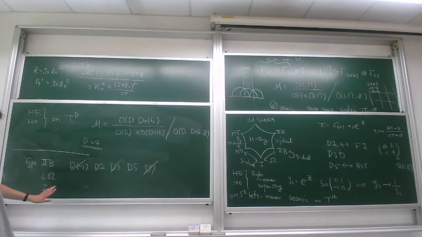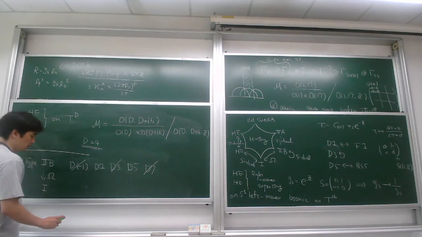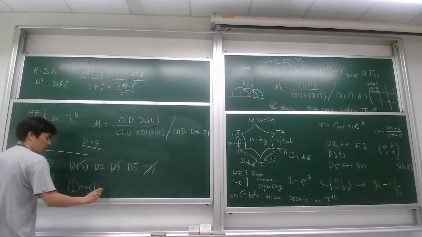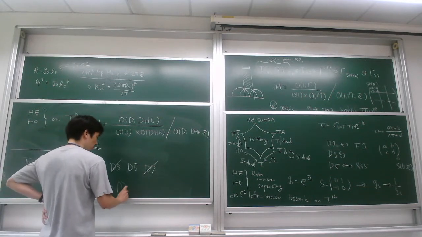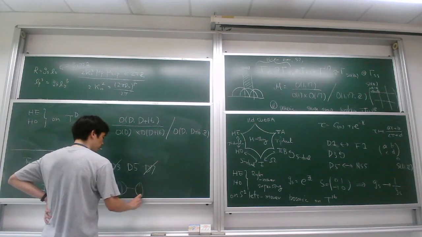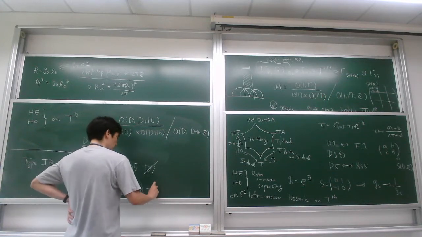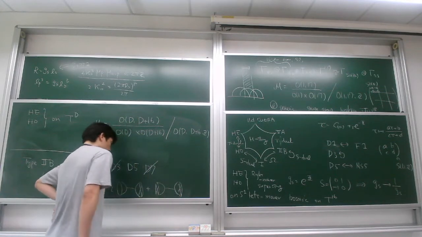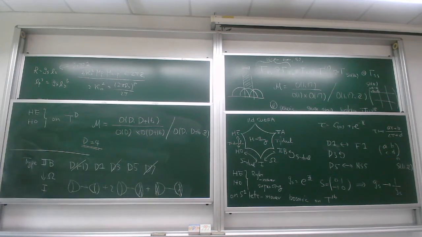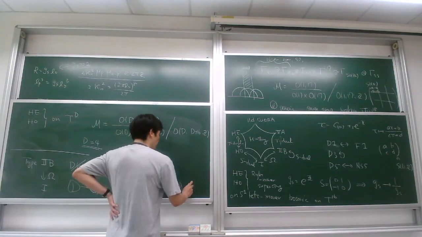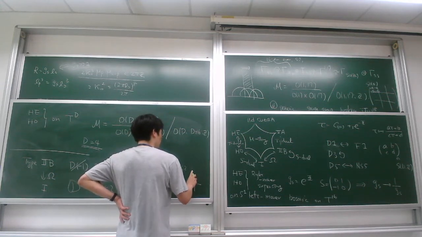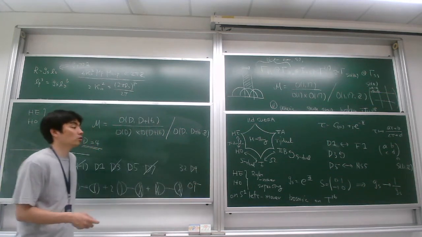To get the tadpole cancellation, we already saw that you put one orientifold O9 minus, and then we put 32 D9 to cancel the Ramond charge.